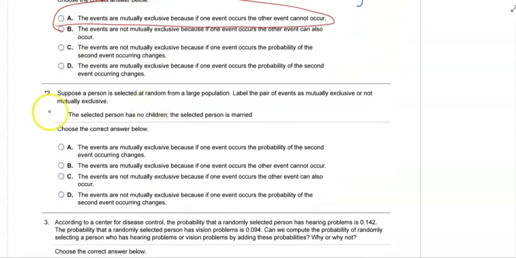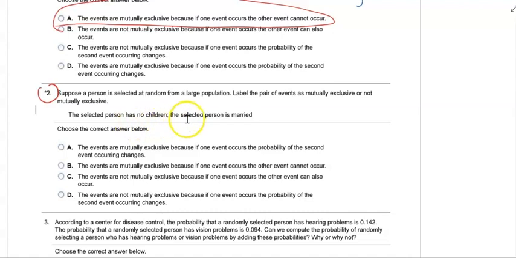Part B. Suppose a person is selected at random from a large population. Label the pair of events as mutually exclusive or not. Okay, the first event is the selected person has no children. The second is the selected person is married. Notice that these two events are not mutually exclusive because these two events can occur at the same time.